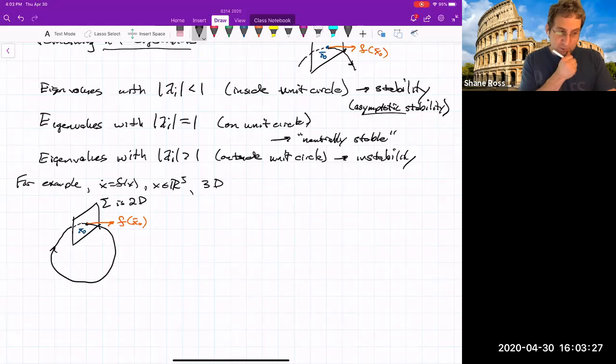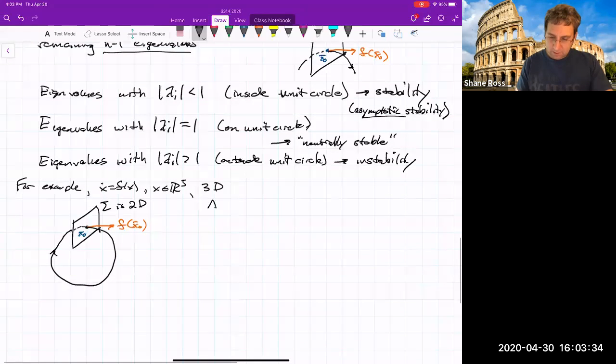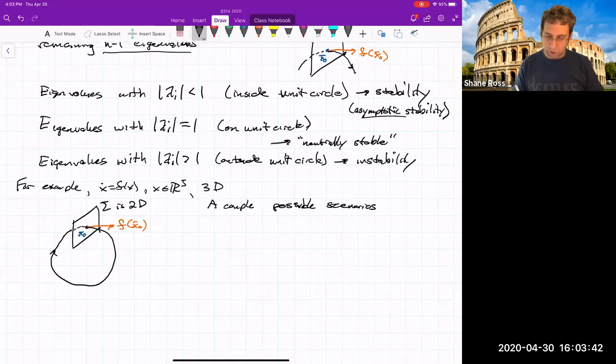Let me just give a couple of possible scenarios. We know that one eigenvalue is always going to be equal to 1.